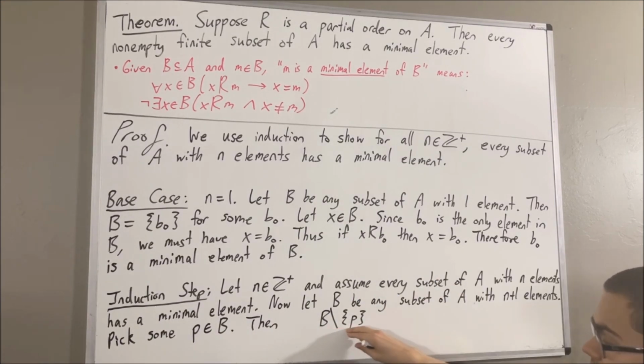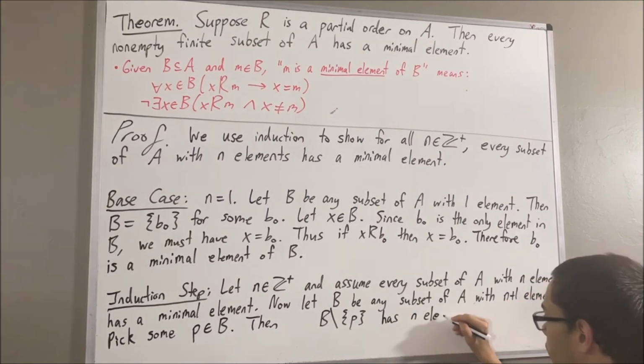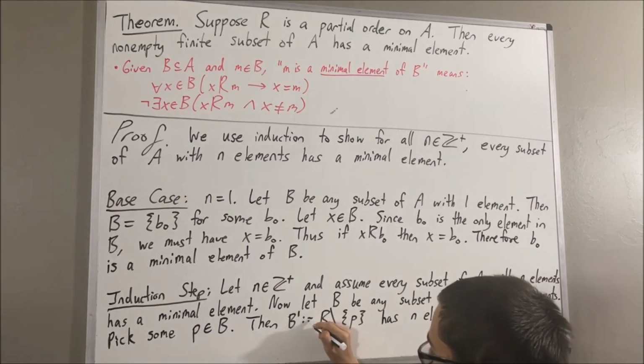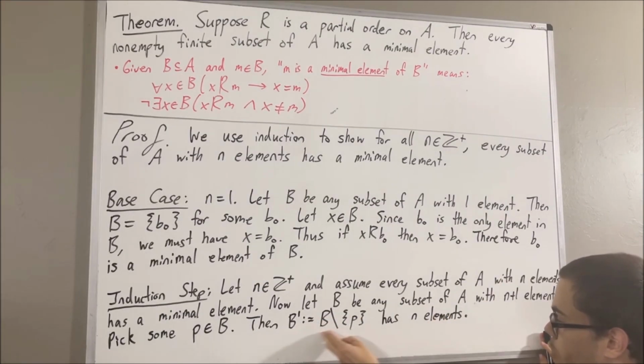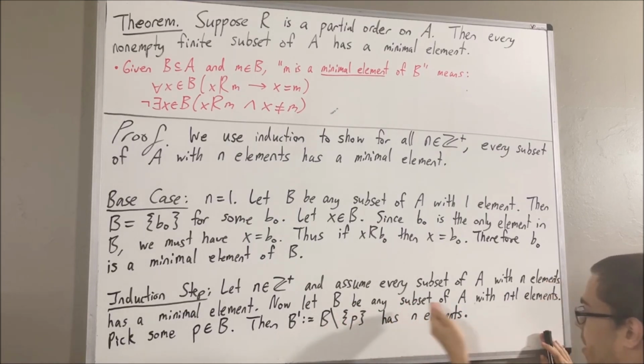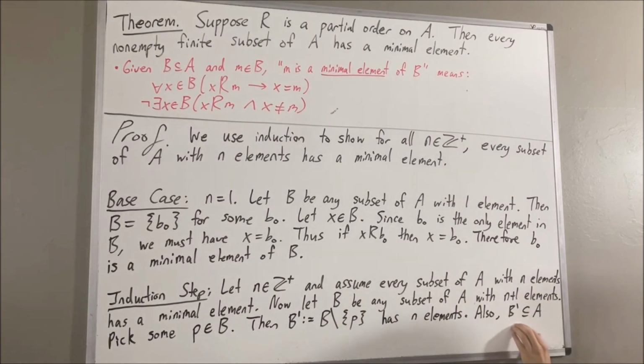Now, since this set is just the set B with an element removed, this set must have n elements. And I'm going to call this set B prime. But also note, B prime is a subset of B, and B is a subset of A. Therefore, B prime is a subset of A. So B prime is a subset of A with n elements.